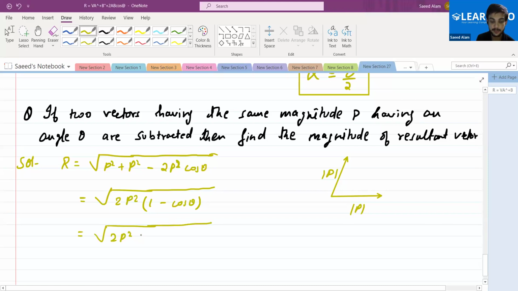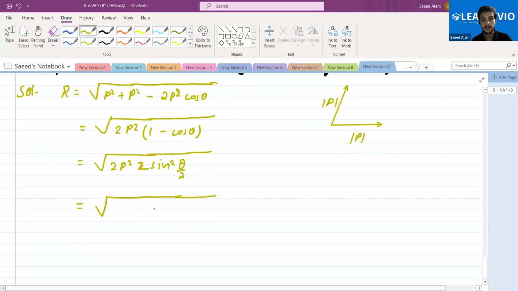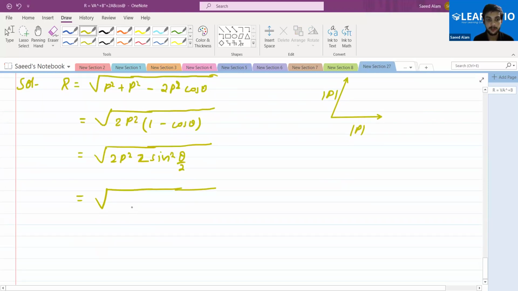2P square into 2 sine square theta by 2. Yes, nice. After that, what's the next thing I should do? Under root, what will I get here? 4P square sine square theta by 2.